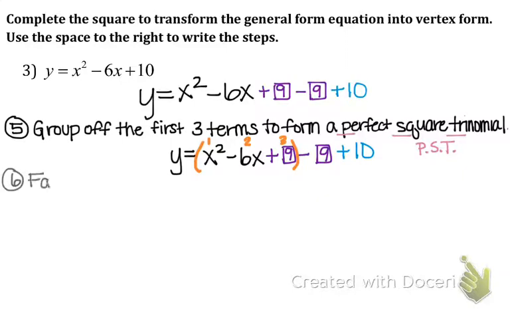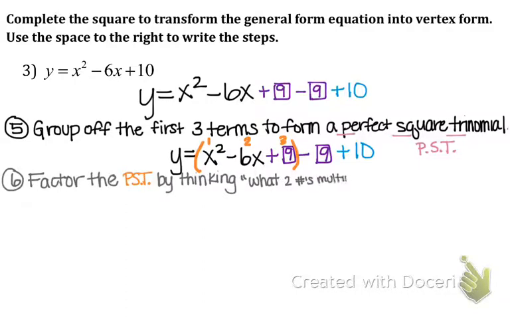So in our next step, we are going to factor the perfect square trinomial by thinking to yourself, and this is how you factor every perfect square trinomial, what 2 numbers multiply to equal the third term, the third number, but add to equal the second number.